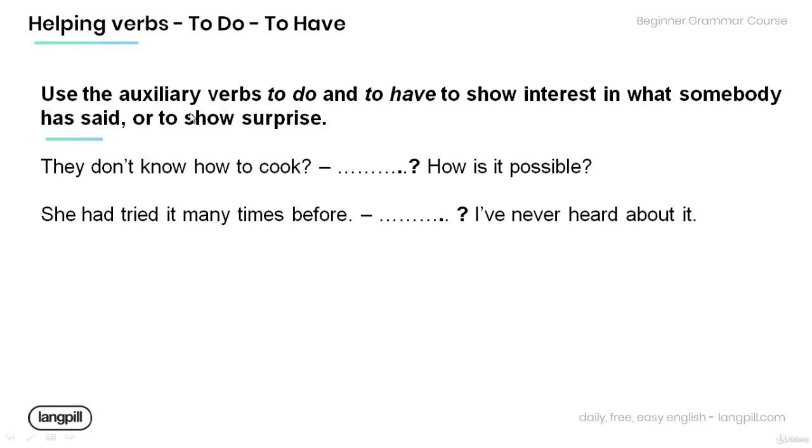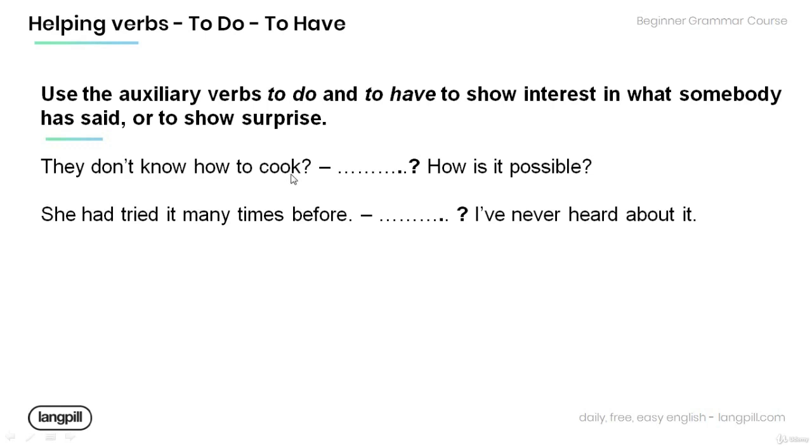Remember that we also use the auxiliary verbs to do and to have to show interest in what somebody has said or to show surprise. Read the following sentences and fill in the blanks using the appropriate form of the helping verbs.